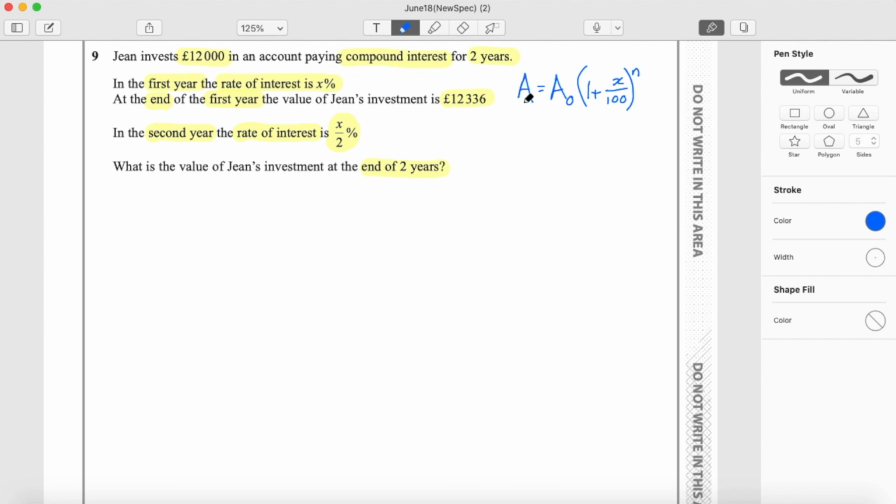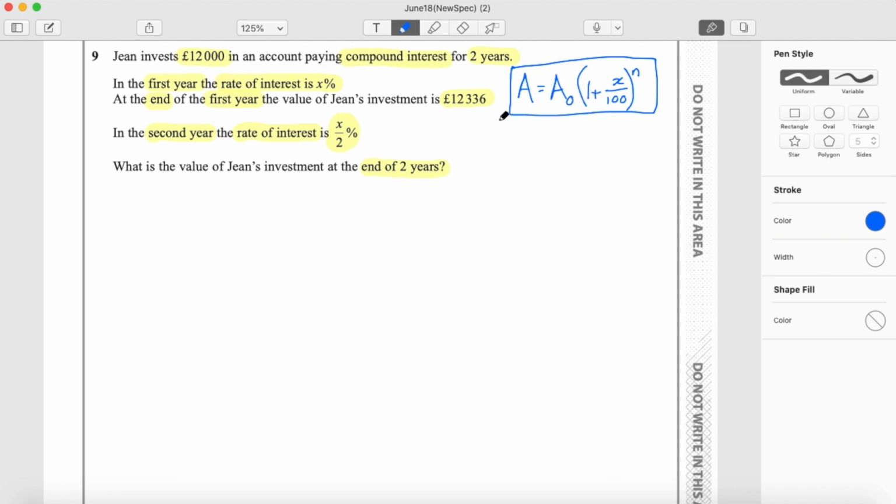So this is the value of the investment. This is the initial amount invested times 1 plus an interest rate X divided by 100, all to the power of a certain number of years n. And this is absolutely key to answering these compound interest questions.